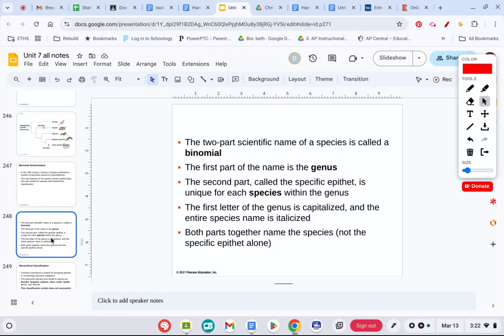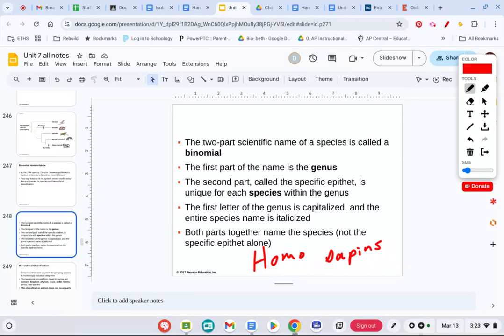So when we talk about classifying things, we talk about a genus name and we talk about a species name, and this is where, if I talk about Homo sapiens, I'm going to capitalize my H for Homo, and then I'm going to have a lowercase s for sapiens.